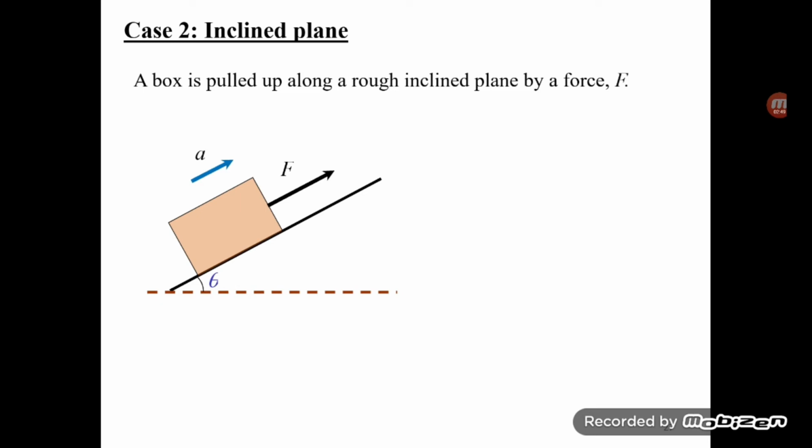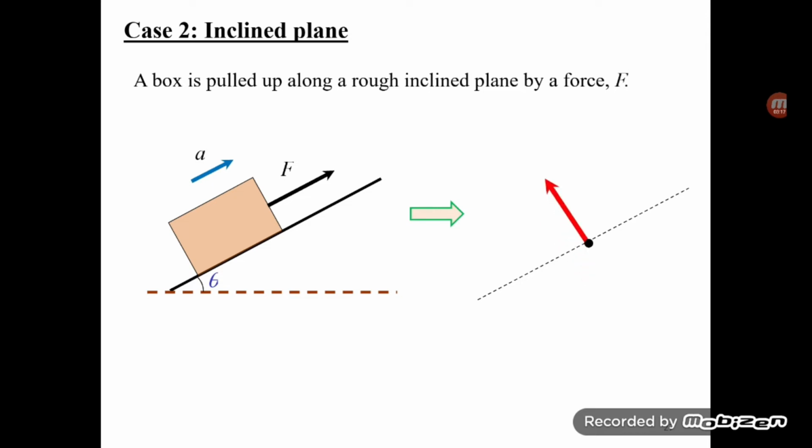Case 2, inclined plane. The ball is pulled along a rough inclined plane by a force F. So, the free body diagram. You can draw a dotted line to represent the x-axis for the inclined plane. Start with one dot.